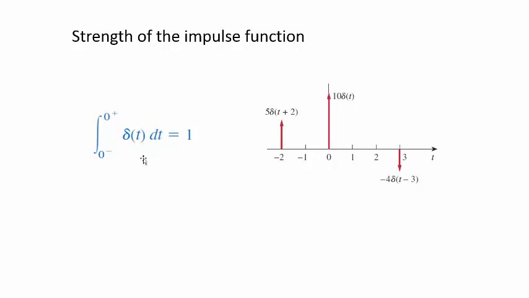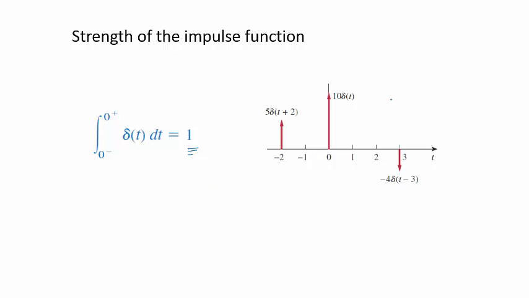So if you integrate the delta function from infinitesimally before 0 to infinitesimally after 0, which we write as 0 minus, meaning just before 0, and 0 plus, meaning just after 0, remember it has no width but infinite height. If we integrate this whole thing in that infinitesimally small area centered at t equals 0, we will find that the area equals 1.